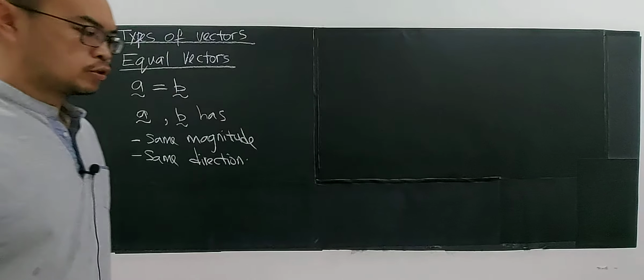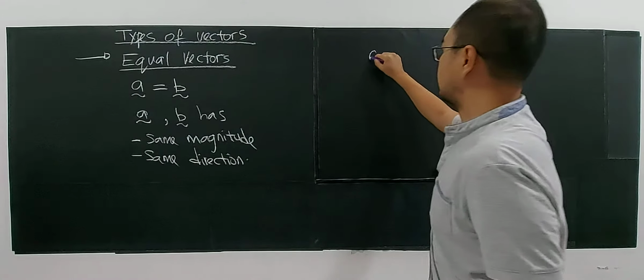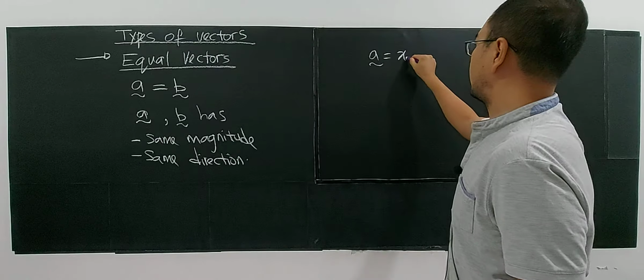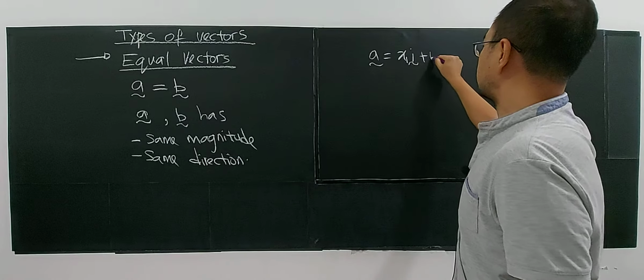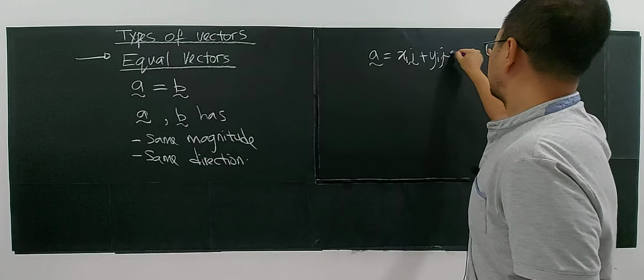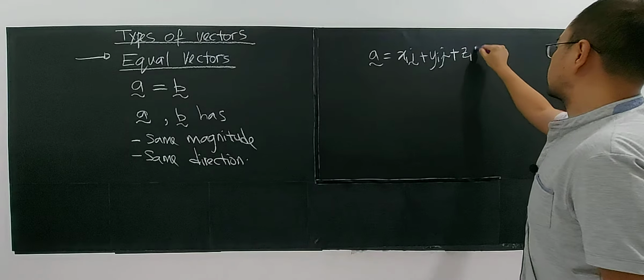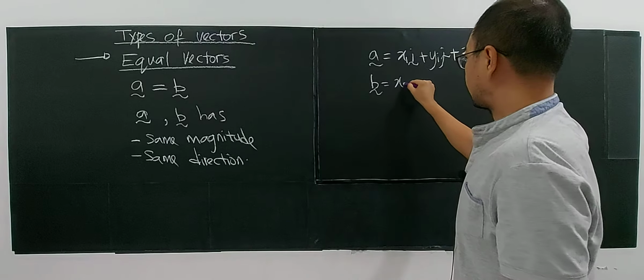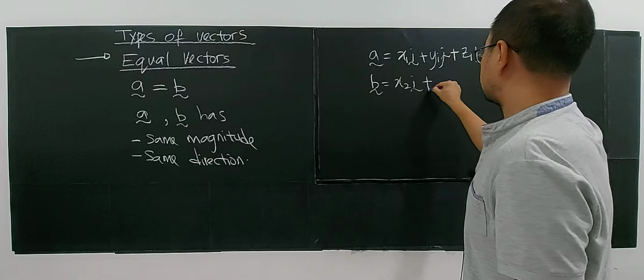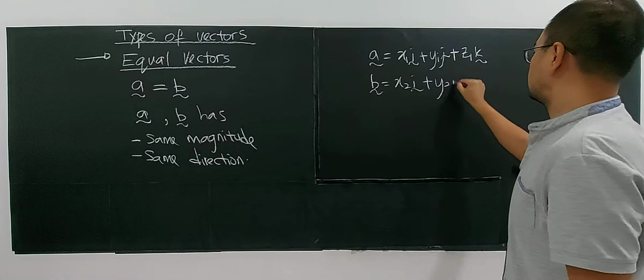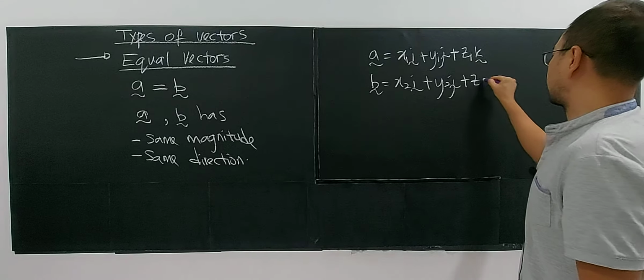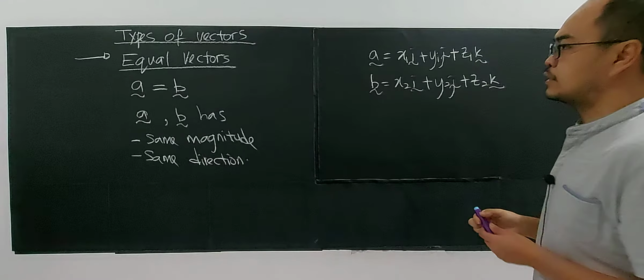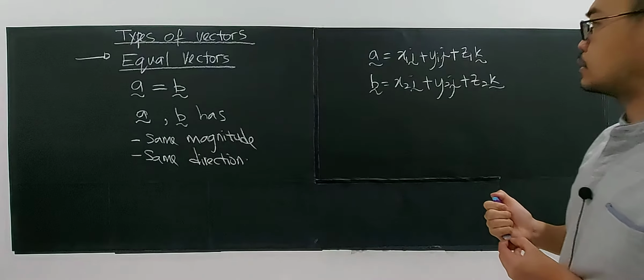So for the three-dimension case, let's say vector A is x1 i plus y1 j plus z1 k, and vector B is x2 i plus y2 j plus z2 k. We say that vector A and vector B are the same.